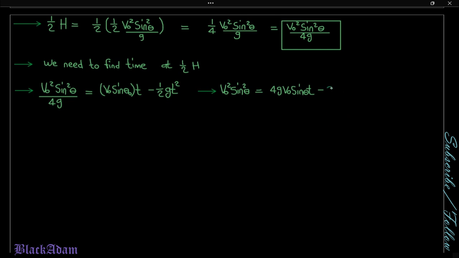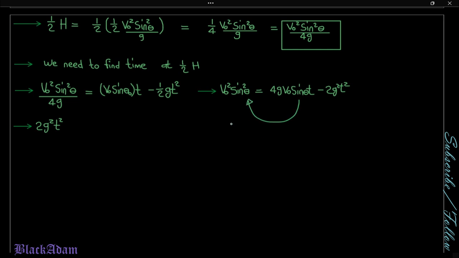That times that gives us 2g squared t squared. Now with that equation, so we take that to the left, the sign changes from negative 2g squared t squared to positive 2g squared t squared, and then that becomes negative.